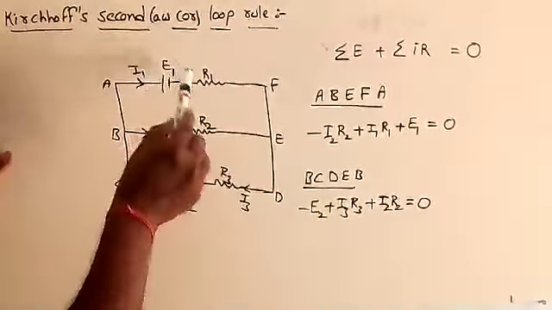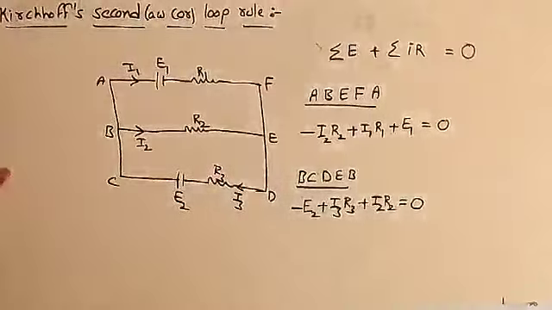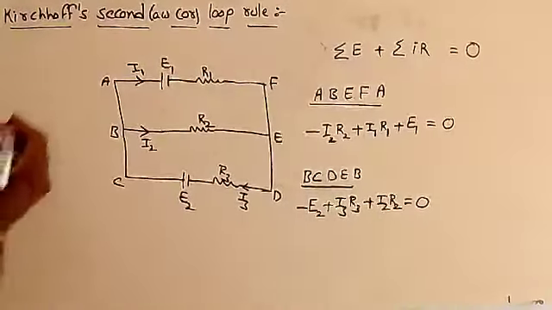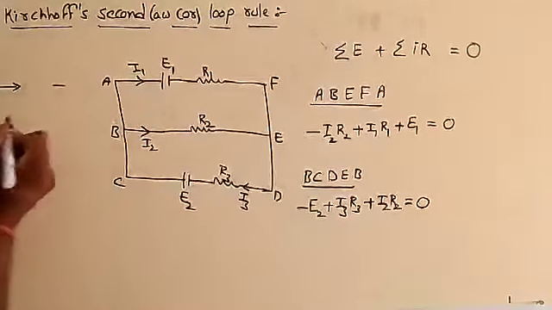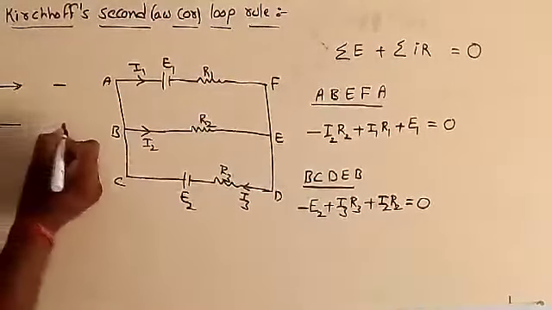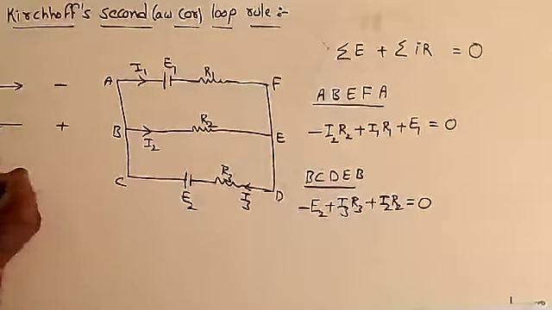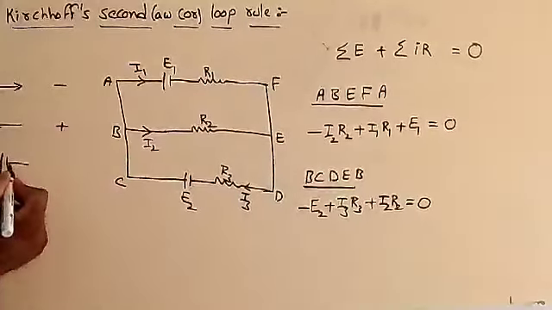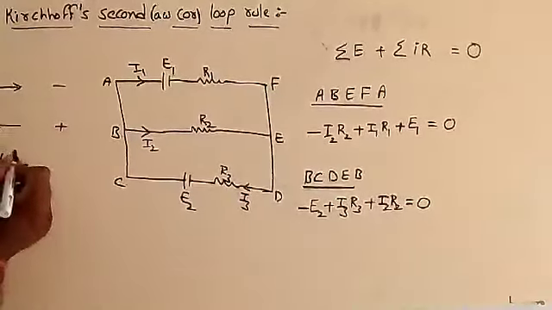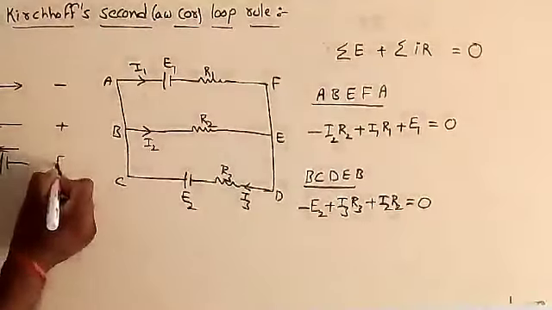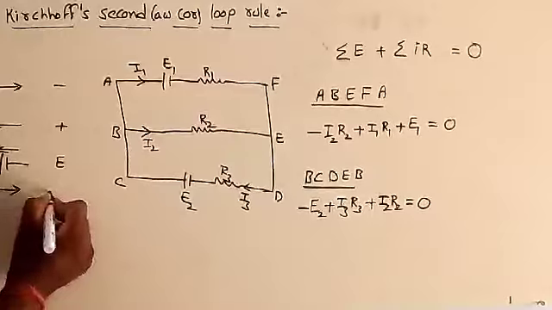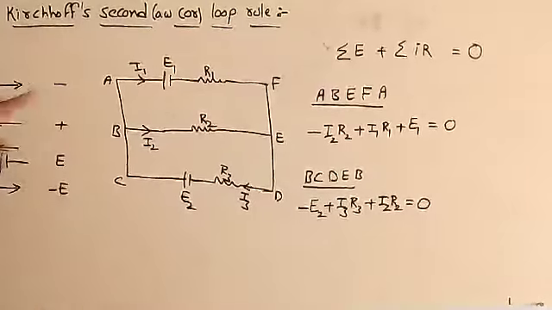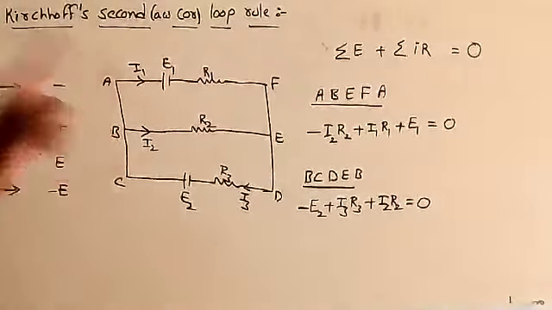If you are traveling positive to negative, the potential drop will be negative. So once again you see, in the direction of current, negative; opposite to the direction of current, positive. If you are traveling negative to positive, it will be plus E. If you are traveling positive to negative, here it will be minus E.